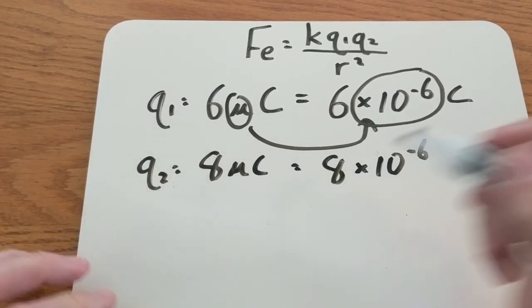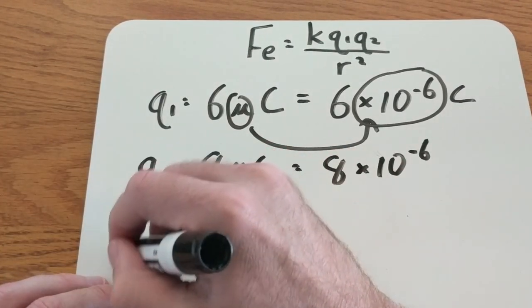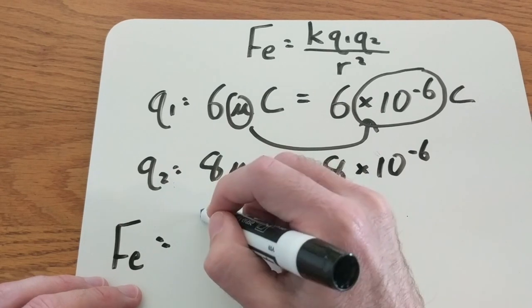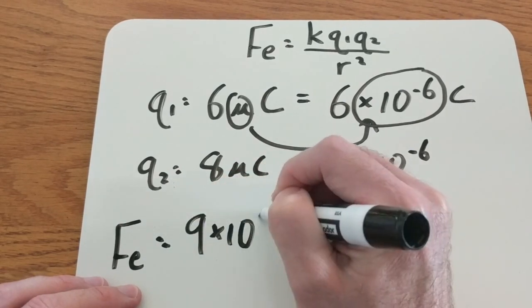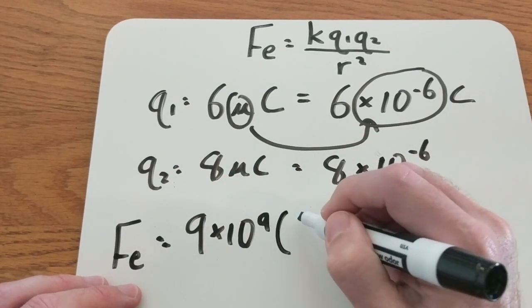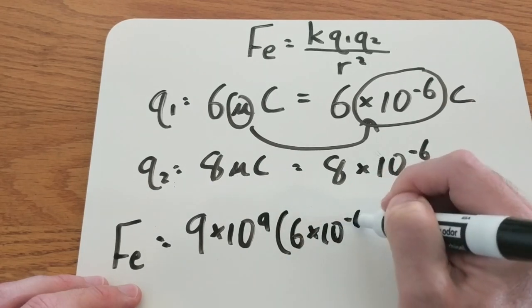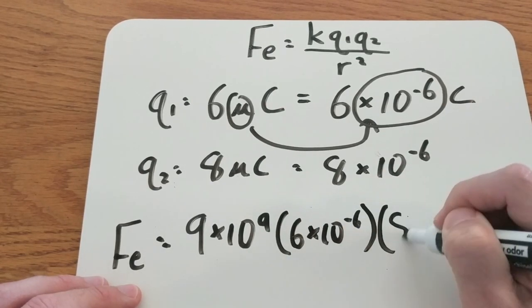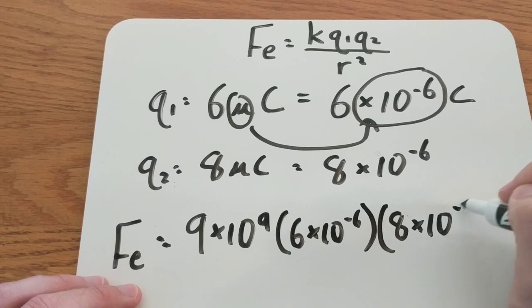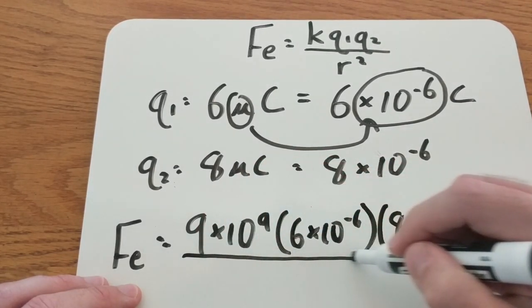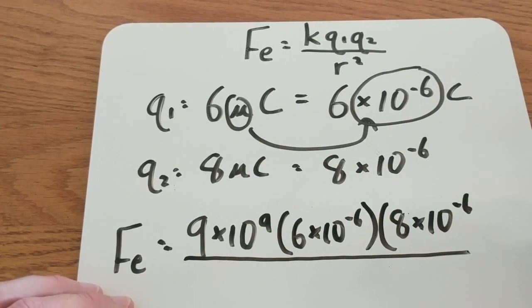All right, now once we have that, we can go right into our equation. Fe equals 9 times 10 to the 9 times 6 times 10 to the negative 6 times 8 times 10 to the negative 6 all over the distance between them, which is, what is the distance between them?